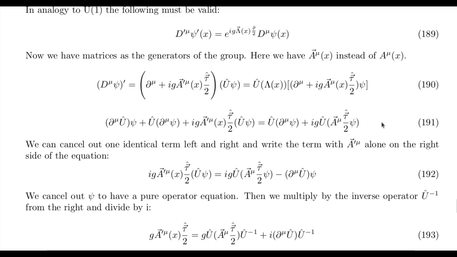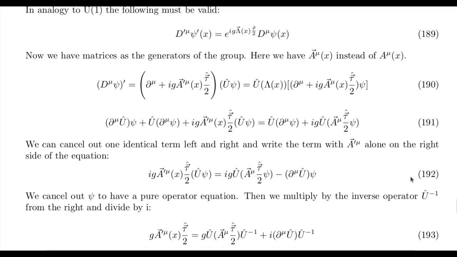We can cancel out an identical term on the left and right side of the equation in 191. We have the unitary operator and the derivative of psi here, and the same unitary operator and derivative of psi there. We write the equation so that the transformed gauge field is on the left-hand side, because we want to know the transformation rule of the gauge field.